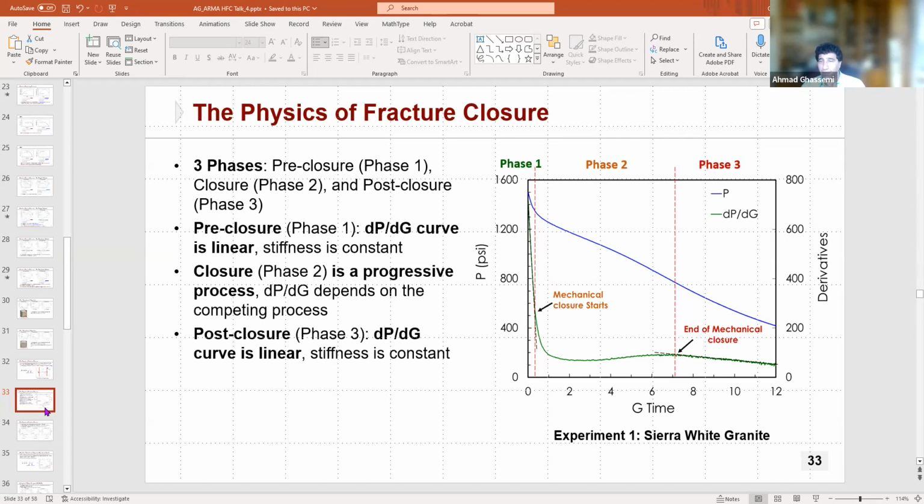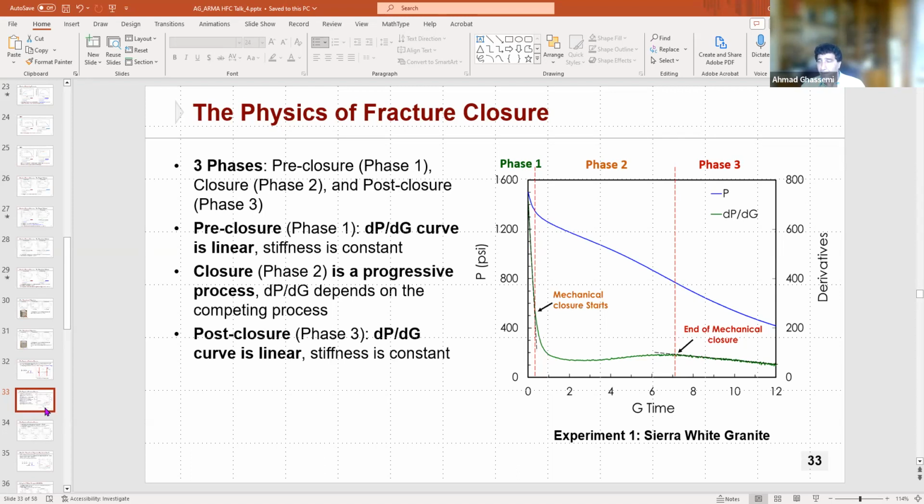Phase 2 is the transient or progressive closure of the fracture, again determined by the net product of leak-off behavior and the system stiffness compliance. And then we have a linear response at the 3rd stage, where the stiffness is constant, compliance is constant, and so we can call that post-closure.